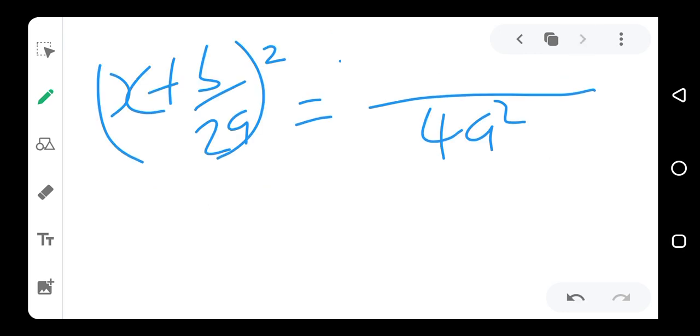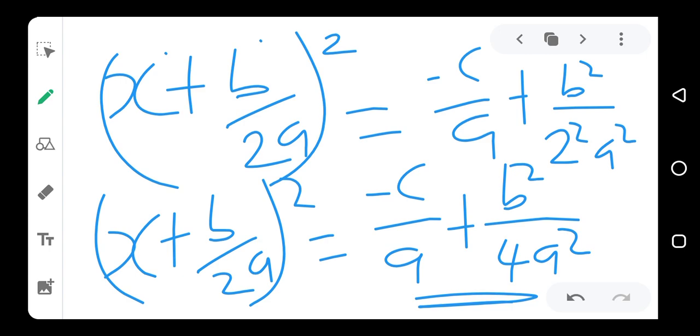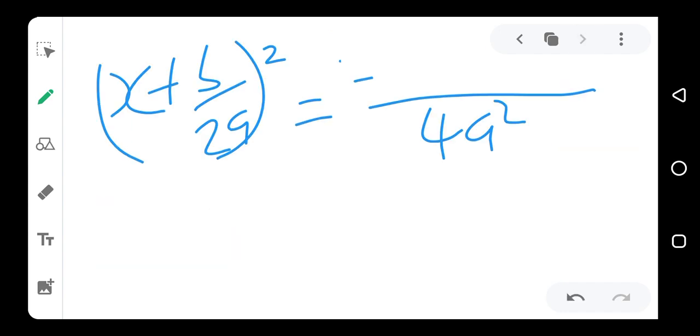Now 4a squared divided by a, we are going to get 4a. Now 4a times minus c, we get minus 4ac.